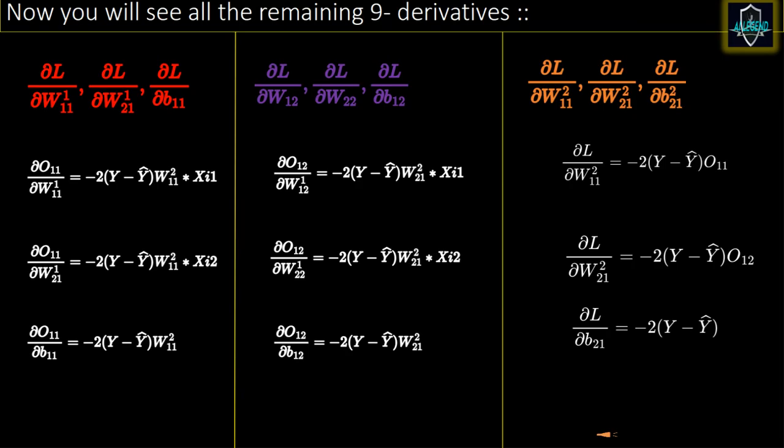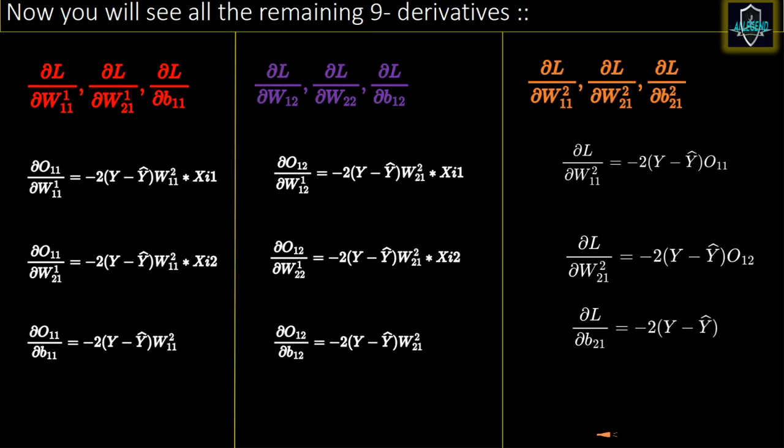Here in step 2, ∂L/∂W121 is equal to minus 2 times (y minus y hat) multiplied by W211 multiplied by xi2. Then the third term is ∂L/∂B11, equal to minus 2 times (y minus y hat) multiplied by W211. These are the three terms we are getting.